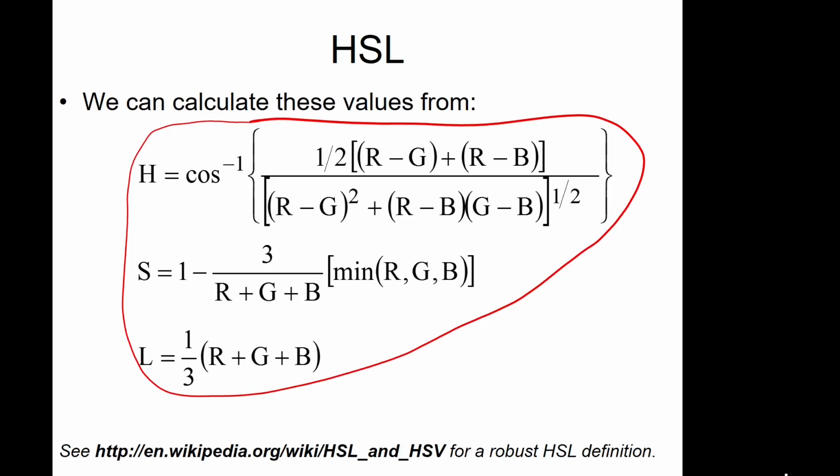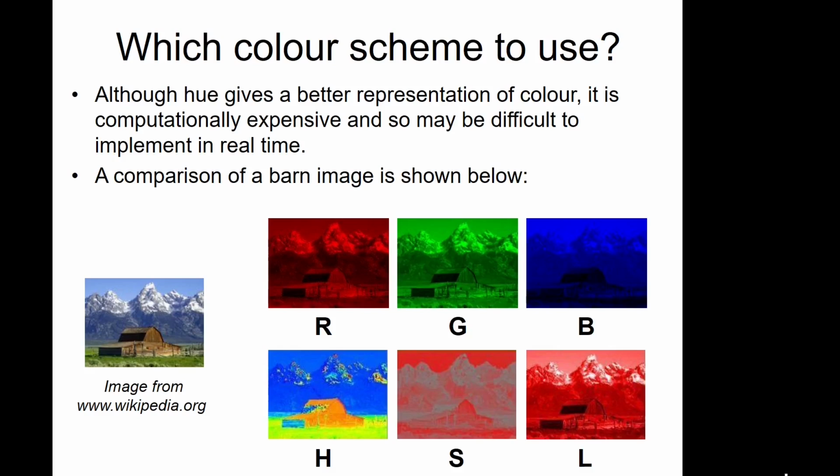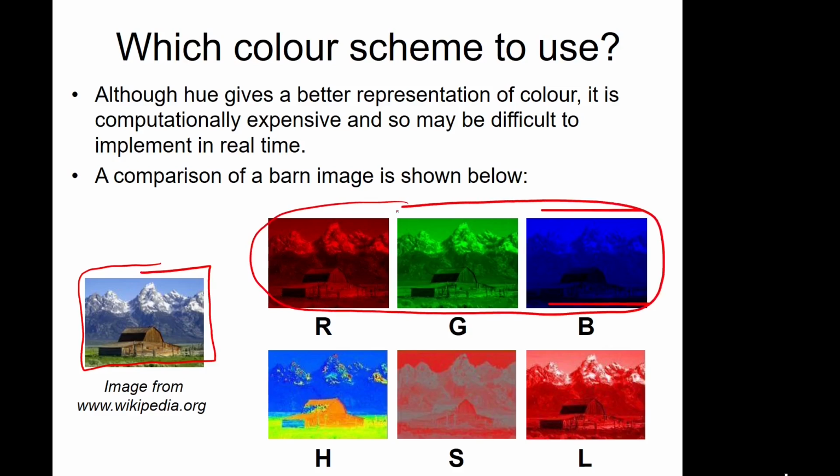So the disadvantage is the time it takes, but the advantage is, I can show you in this example, we've got a picture of a barn, and say we've got a robot out there wanting to locate where the barn is and head to it. If you look at your RGB image here, it's going to be quite difficult to pick red, green and blue thresholds to actually identify where the barn is in that image.